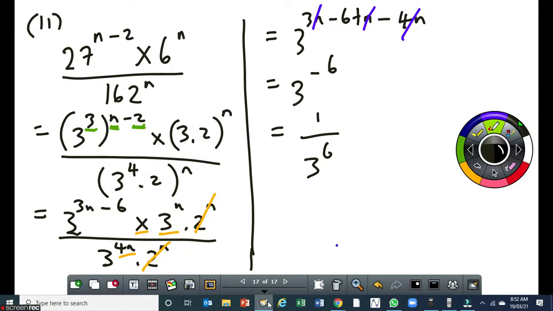All right. So, what is 3 to the power of 6? 3 to the power of 6, remember, it is the same as 27 times 27. So what's 27 times 27? Can someone tell us the answer?